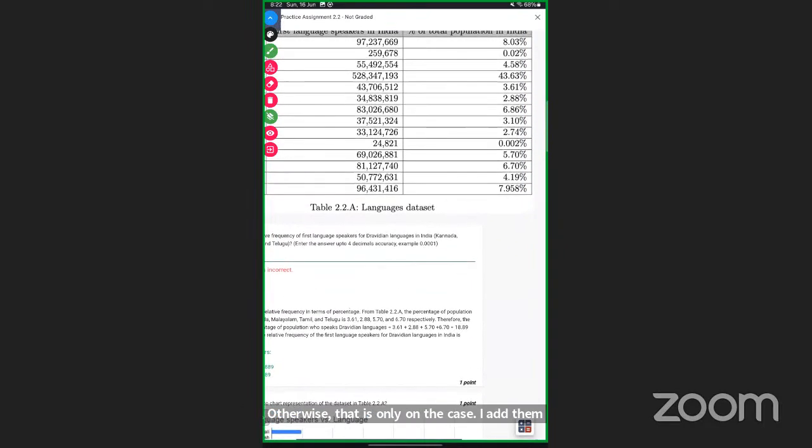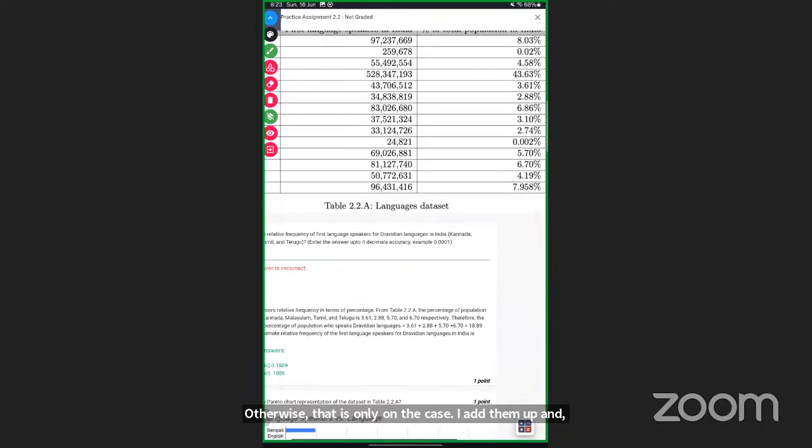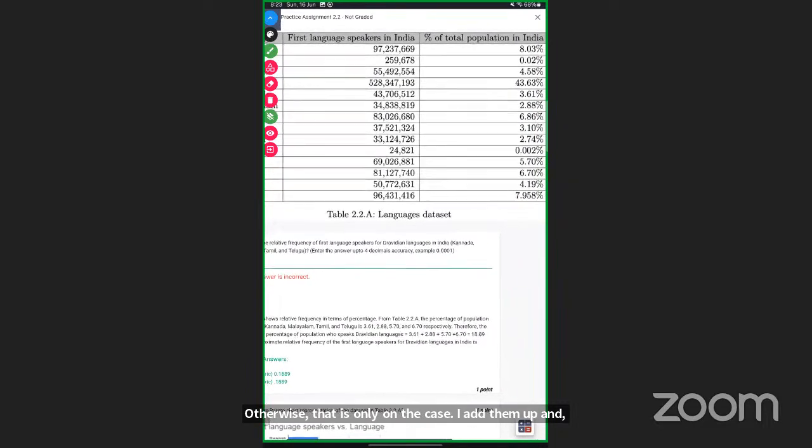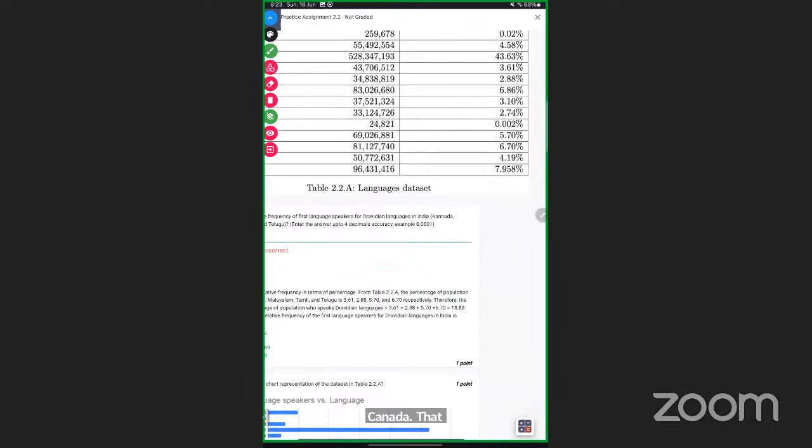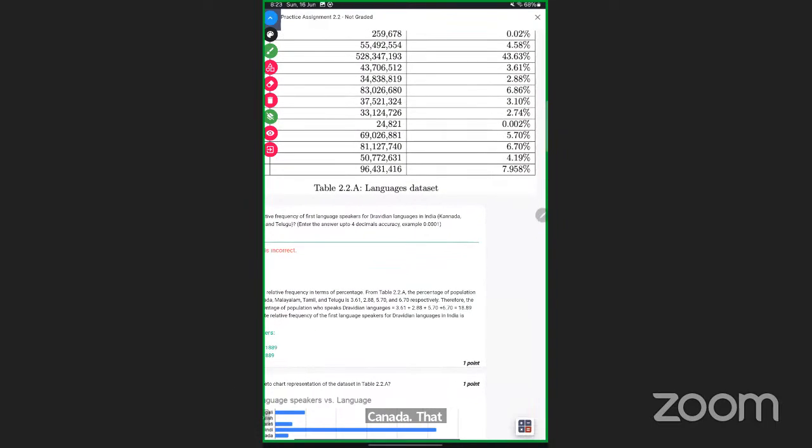So 3.61, Kannada I think this one is 2.88, then this 5.7, okay 5.7, 6.7, 2.88, and 3.61, right? If you sum it up, it will become 18.89.